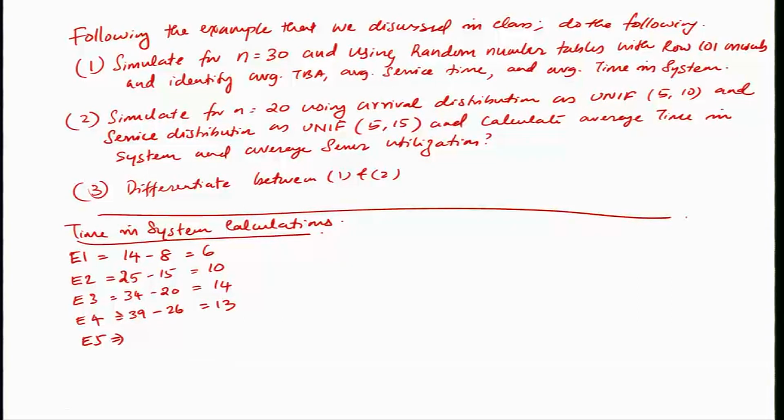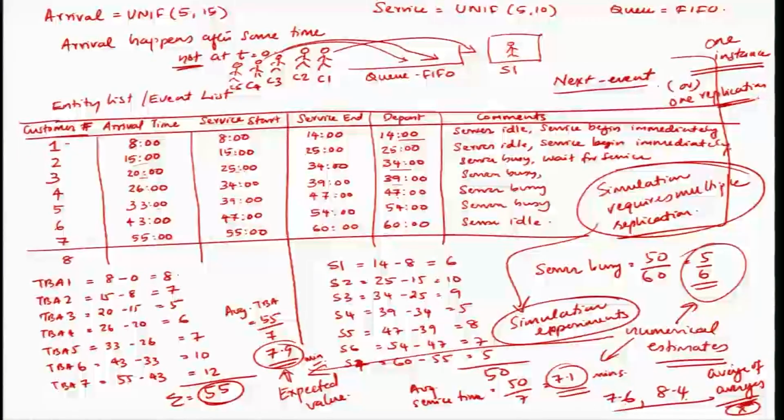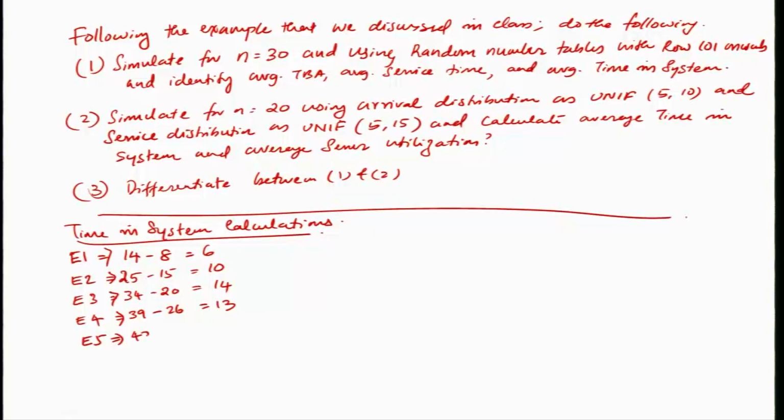E5 left at 47 and arrived at 33, so that is 14.